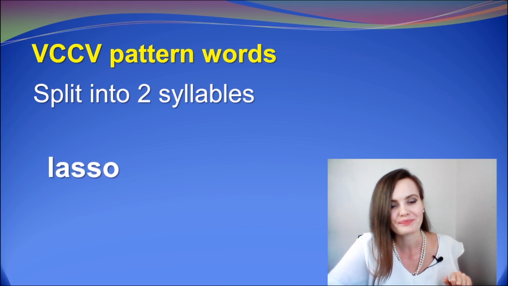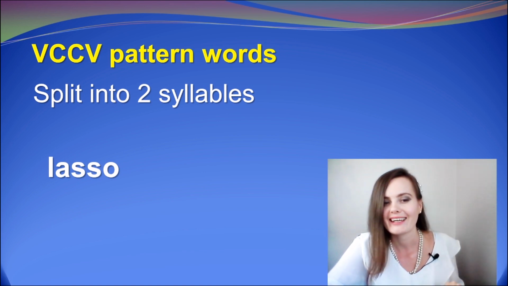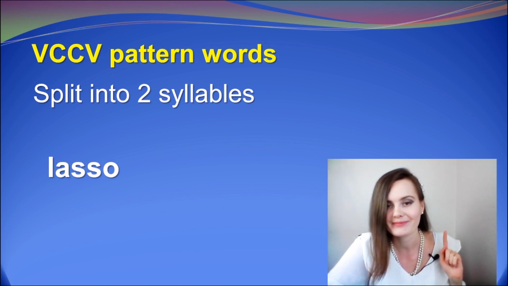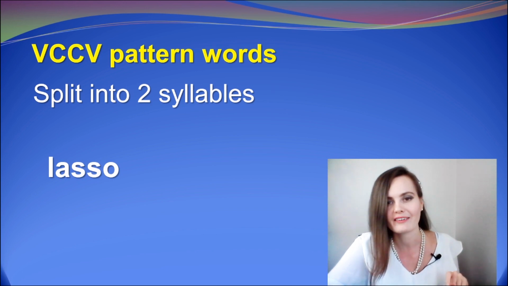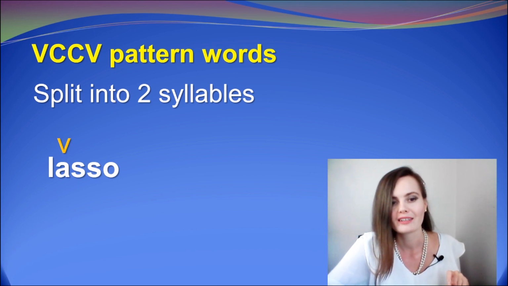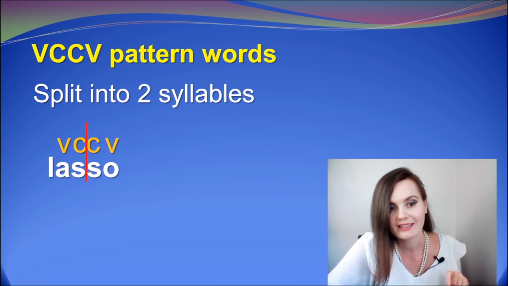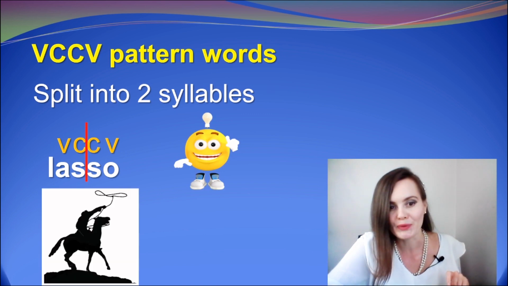Next word. Okay, so what does the cowboy usually have? Now we'll read it. First, let's find the vowel, consonant, consonant, vowel, split, lasso, lasso, right?